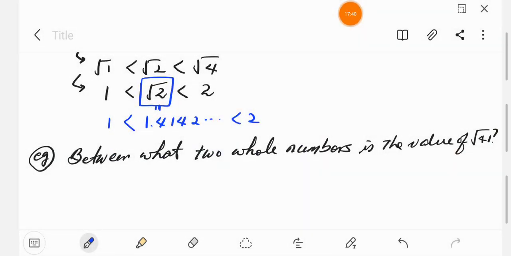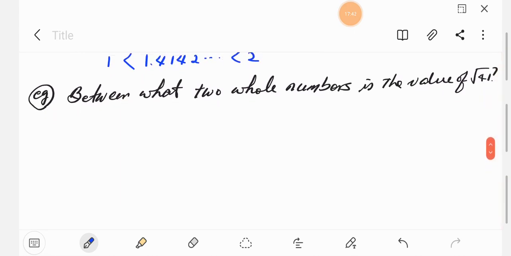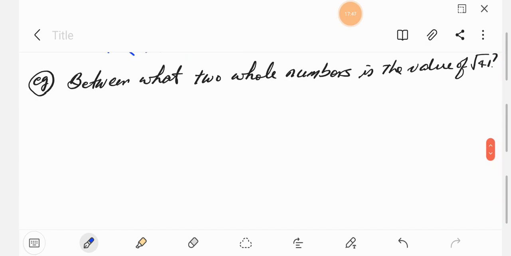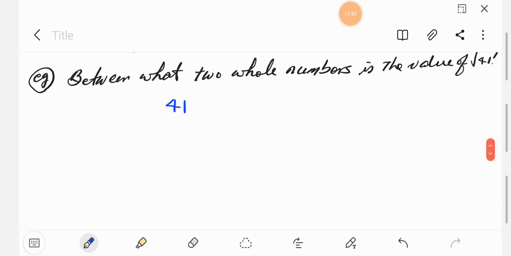Okay, let's check this one. Between what two whole numbers is the value of the square root of 41? Square root of 41 is not a perfect square, so let's check 41. What is the closest perfect square to this number 41? Isn't it 36, which is less than 41? Then 49 is the closest perfect square that is greater than 41, right?